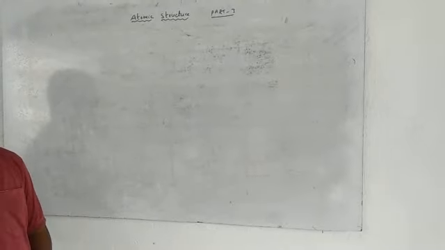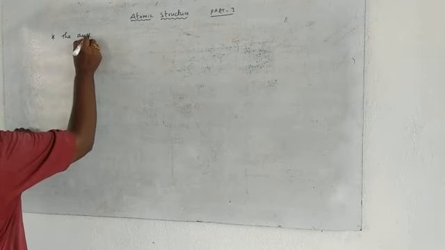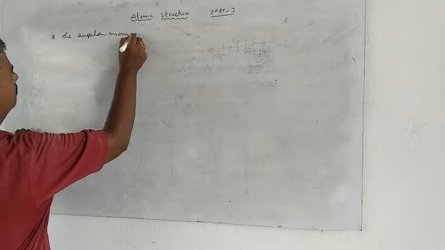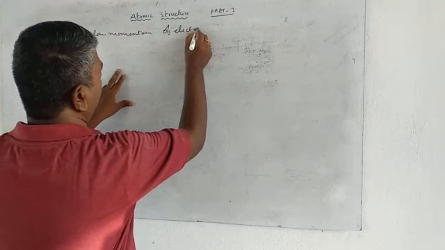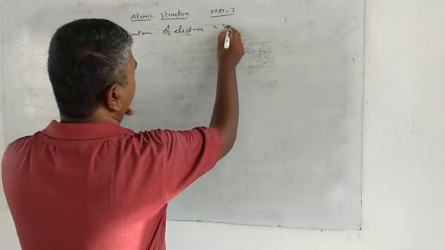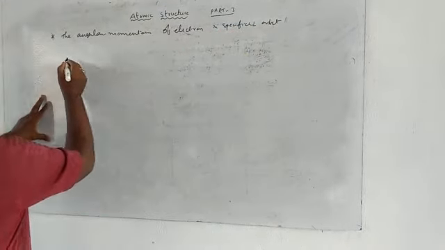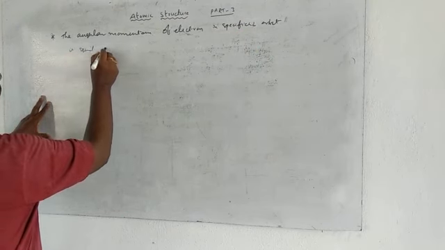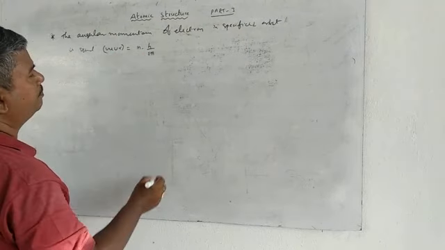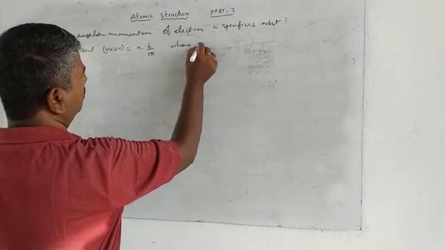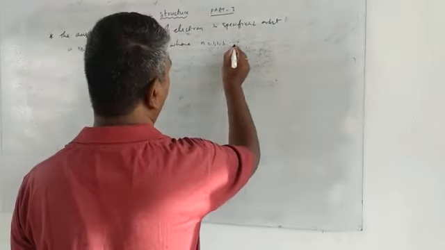Here, the next point: the angular momentum of an electron in a specified orbit is equal to mvr equals n times h by 2π, where n equals 1, 2, 3 and so on.